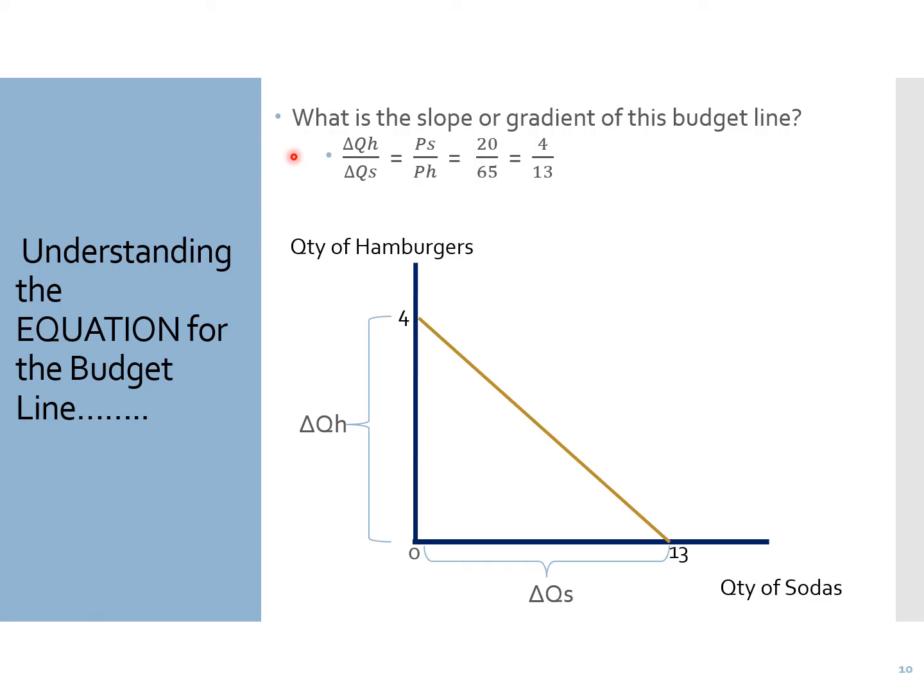Now I've expressed it in terms of the products that we are using here, but remember, if we did it in generic terms, it would be delta QY over delta QX, which is equal to the price of X, whatever's on the X-axis, divided by the price of whatever is on the Y-axis.